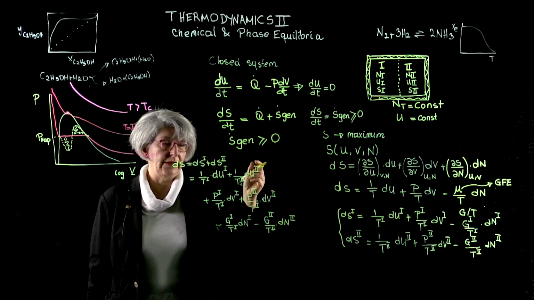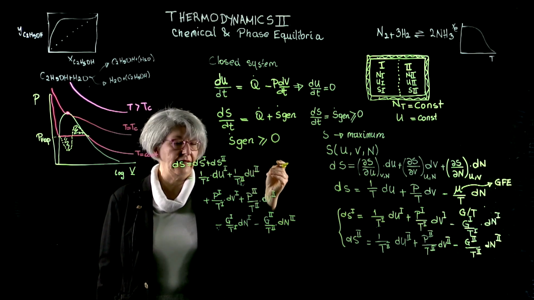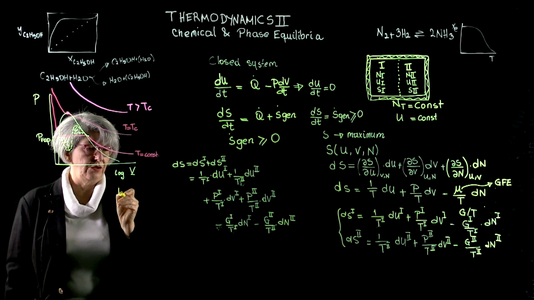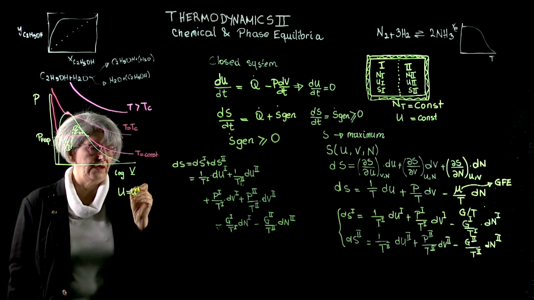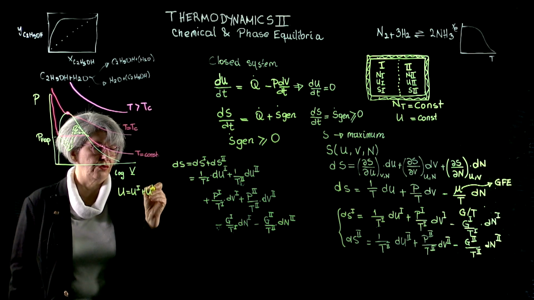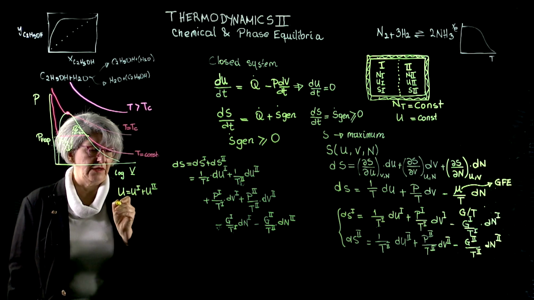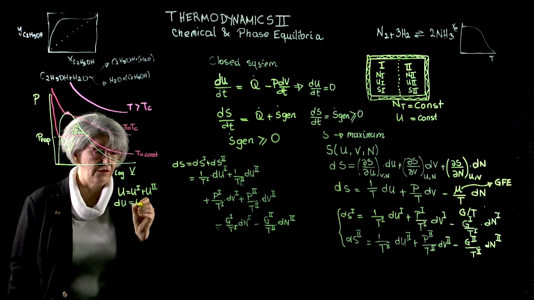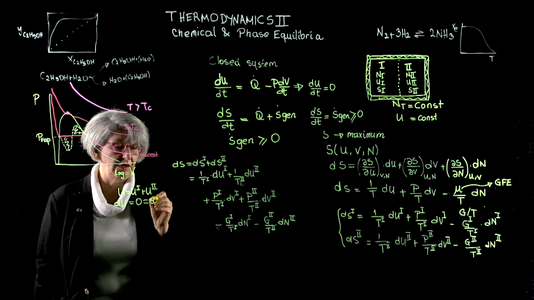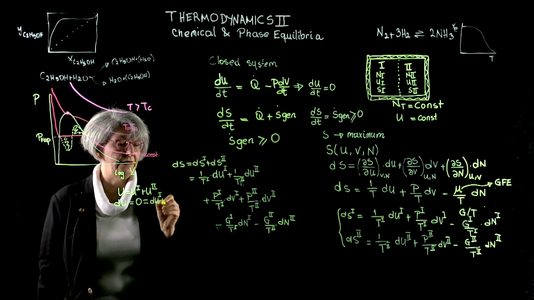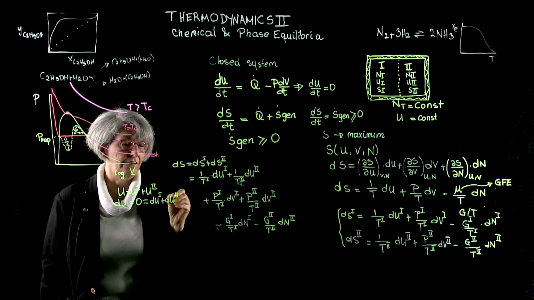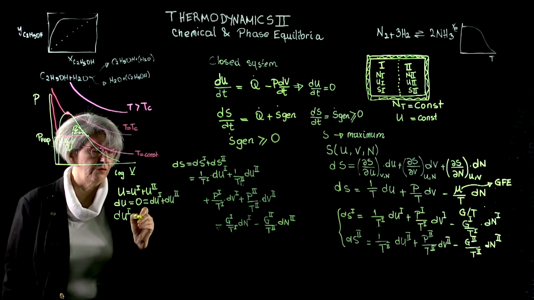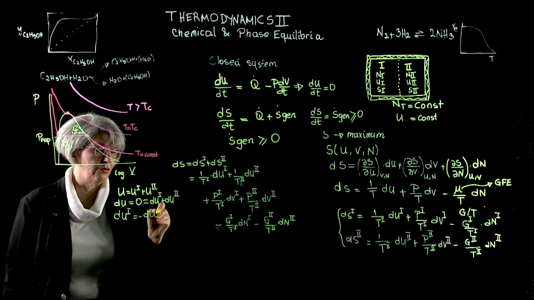Remember, we've had the total internal energy to be constant. It's right here. U is equal to U1 plus U2. dU, which is constant, therefore 0 is equal to dU1 plus dU2, or dU1 is equal to minus dU2.